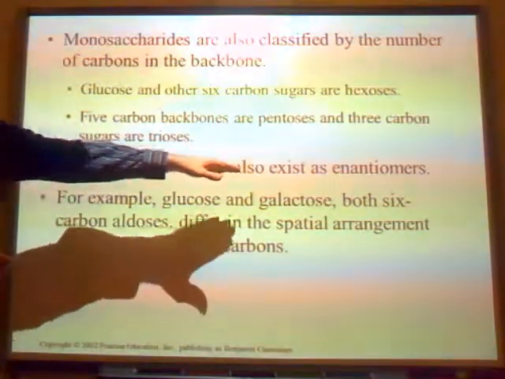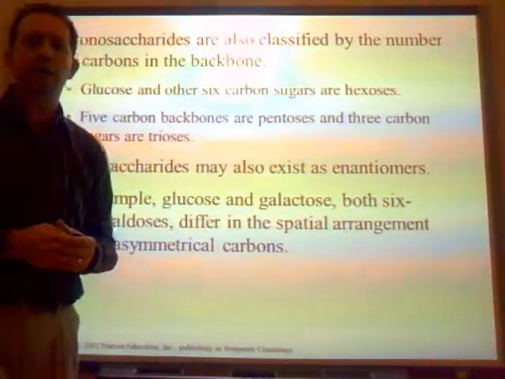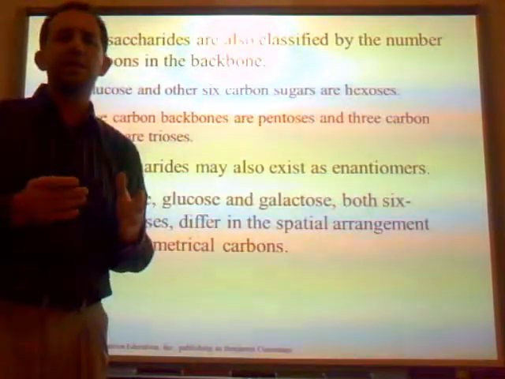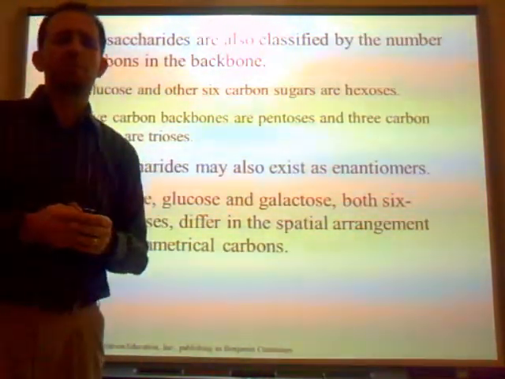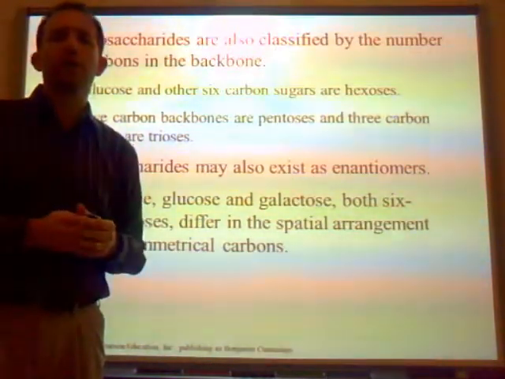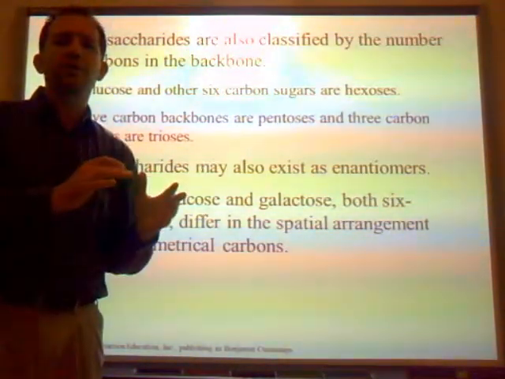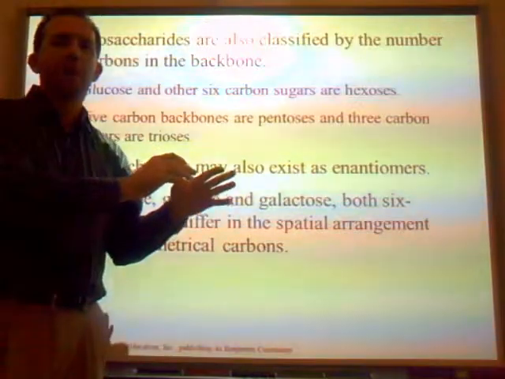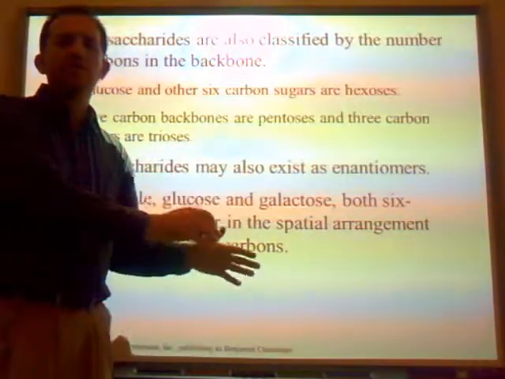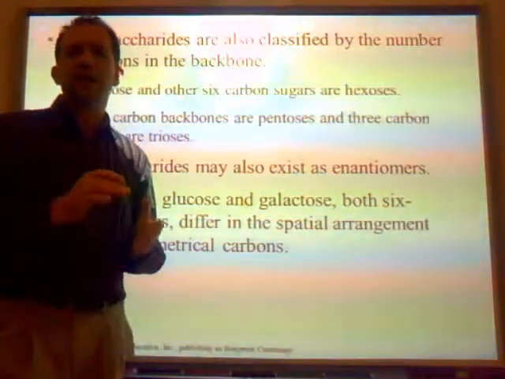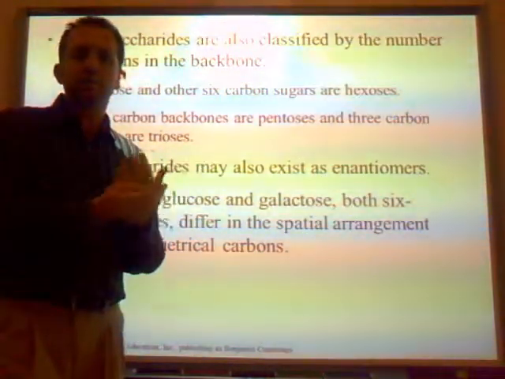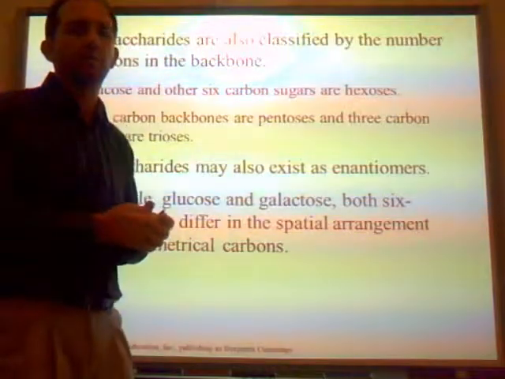We also have enantiomers, if you remember that from the last chapter. These are going to be isomers, if you will, of these monosaccharides, these sugar compounds, that have the same basic functional groups, but they are oriented in such a way that you can't superimpose them, and because they're not able to be superimposed, we have different molecules there.